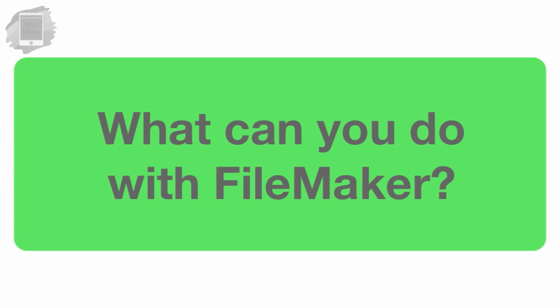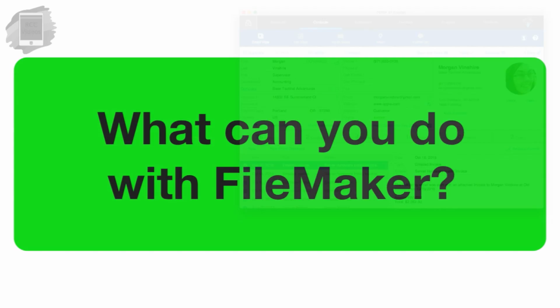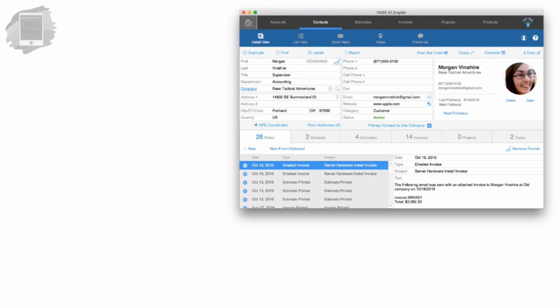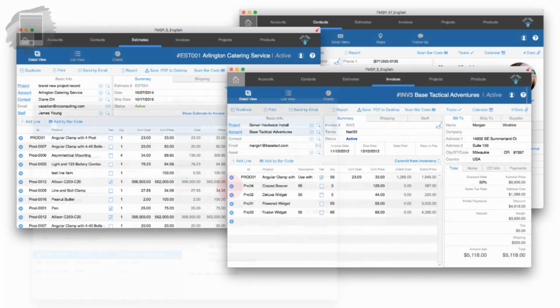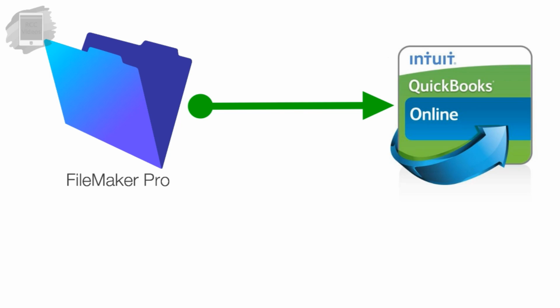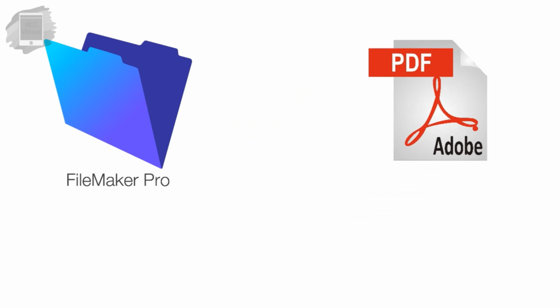So what kind of things can you do with FileMaker? Obviously, we've mentioned that you can track contacts, and you can prepare quotes and estimates, and you can do billing and invoicing and project management. You can have FileMaker talk to QuickBooks and exchange information. And then you can have FileMaker generate PDFs and email them out.